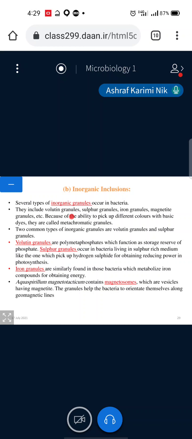I said it's related to Corynebacterium diphtheriae. Then sulfur granules, found in green sulfur bacteria and purple sulfur bacteria.